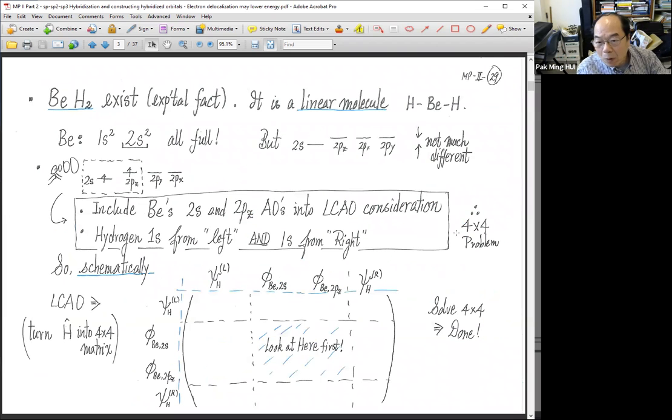So the first example I would like you to focus on, pay attention to, is beryllium dihydride. So this is BeH2. Experimental fact, it exists. So it is there for us to understand. Experimental fact, it is linear.